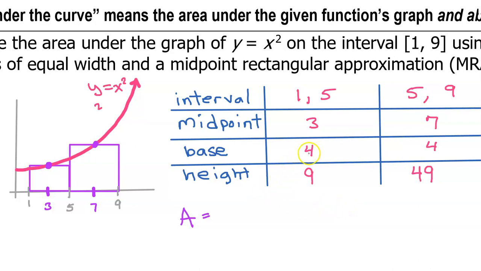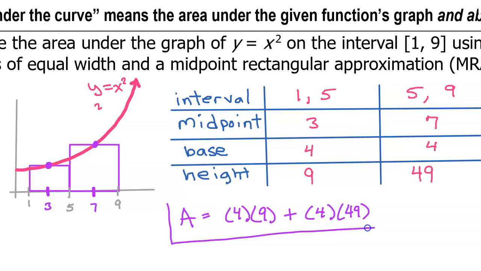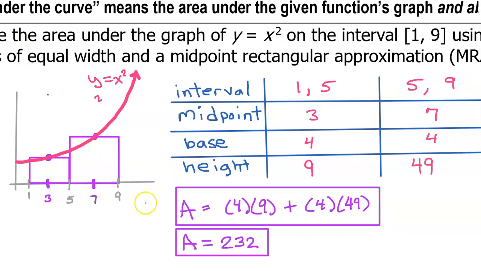So for the first rectangle, the base times height is 4 times 9. And then for the second rectangle, base times height is 4 times 49. And this is a perfectly acceptable answer for a Riemann sum. But this also simplifies to an area of 232.